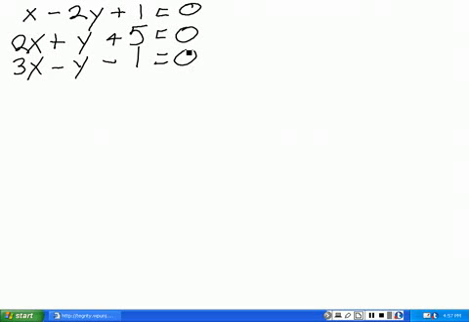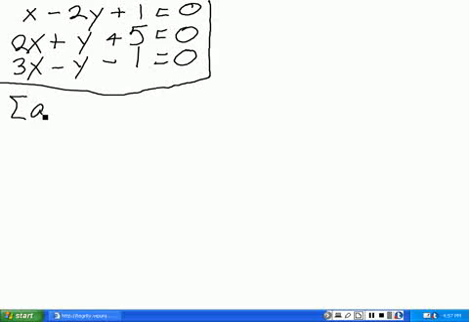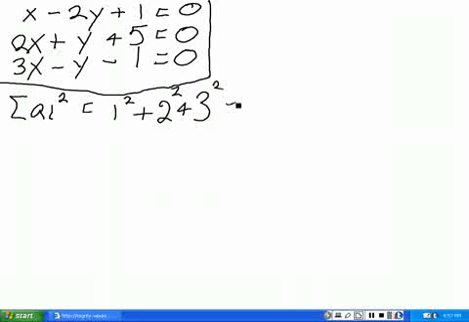Okay, so in order to solve using the method of least squares, I'm going to need the sum of the ai's squared. Now the ai's are the coefficients of x. So here, I'm just going to take each of the coefficients of x squared. I get 1 squared plus 2 squared plus 3 squared.